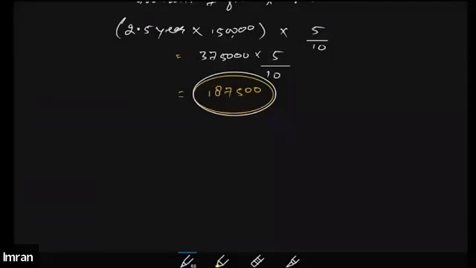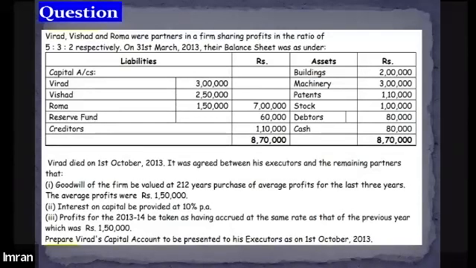Who will be giving 1,87,500 to Virat's representative? The remaining partners, right? Yes or no? The remaining partners will be contributing this amount, and in what ratio will they contribute this amount? In the gaining ratio, right?